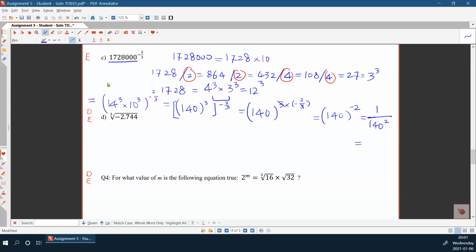So here it is not 14 to the third power. Here it is 12 to the third power. Okay, the final result is 14400.